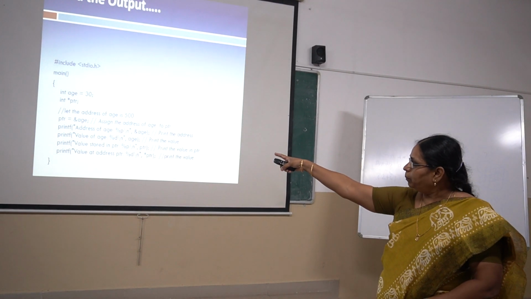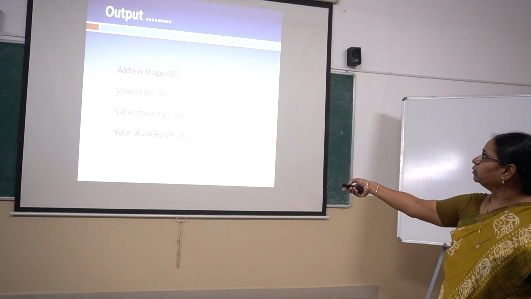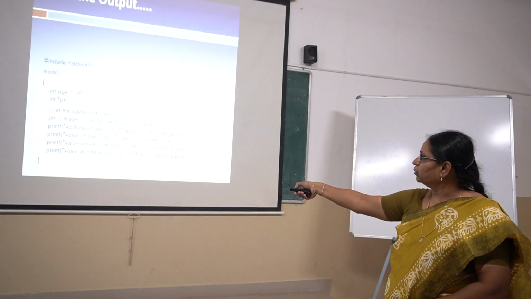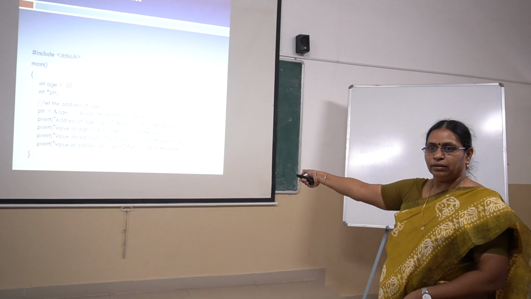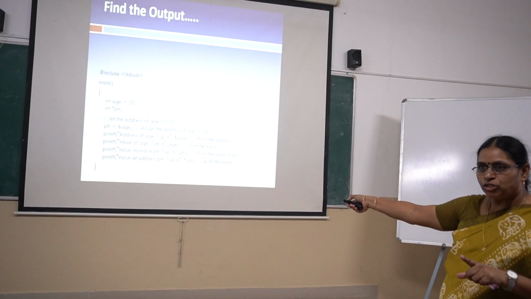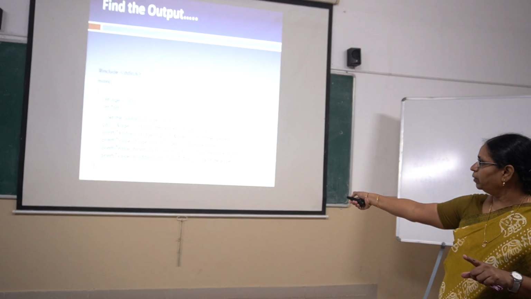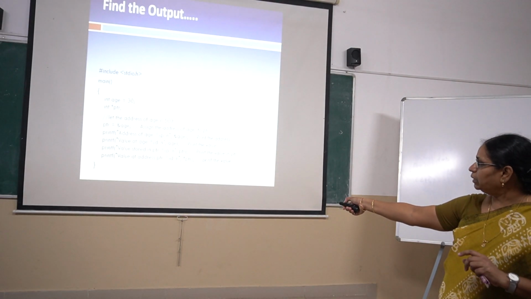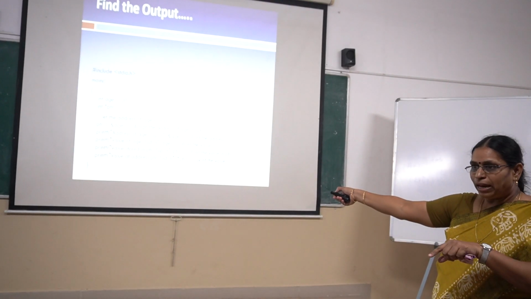First, print the address of age, which is 500. That is the first output. Coming to the second one, the value of age is 30, so the output will be 30. Similarly, the value stored in ptr: ptr is nothing but the address of age.